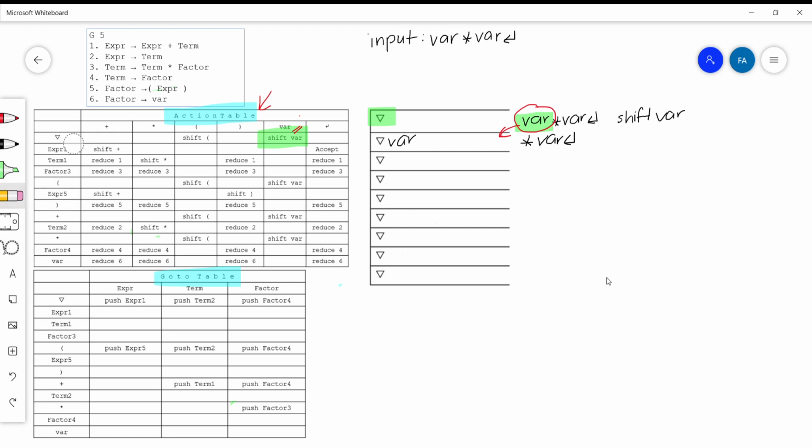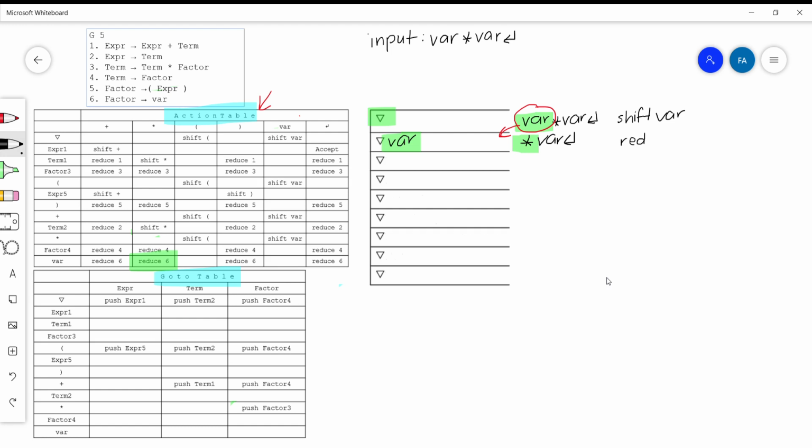So the current input pointer is star, and then var and marker. Next, we will read the symbol on top of our stack, which is now var, and the current input pointer, which is now star. So let's look at our action table. Var with star is reduce 6. So I will write reduce 6 here.